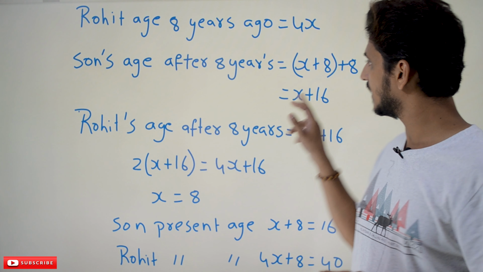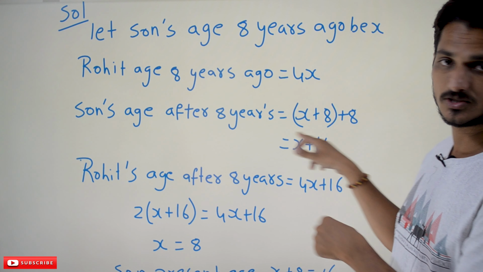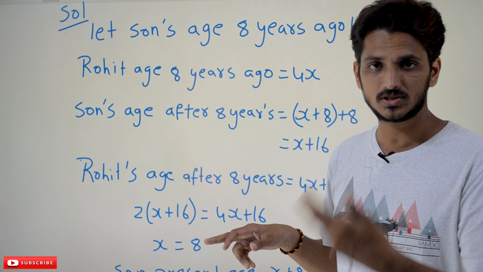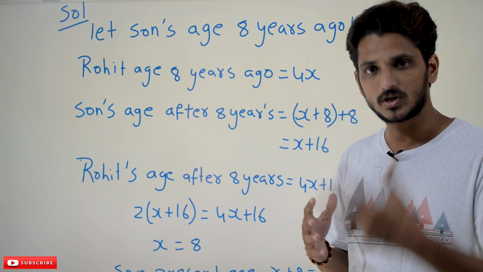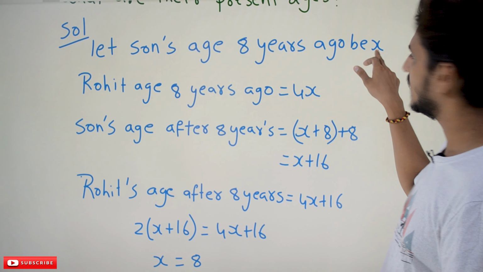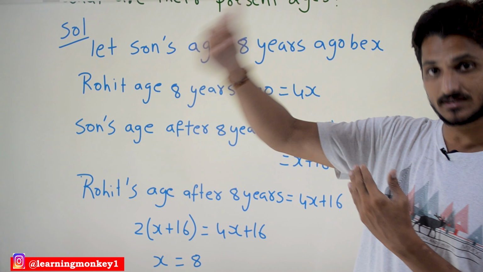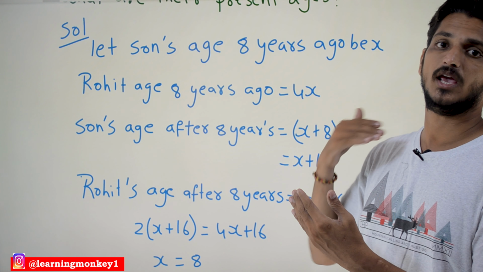If you choose the age 8 years ago, then you should not forget this point. Most of them make that mistake. In order to make you understand these important points, we have chosen these examples. If you take the x value as the age 8 years ago, 8 years after means x plus 8 plus 8.